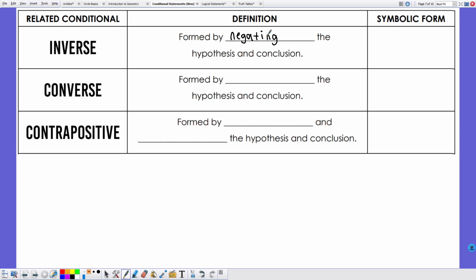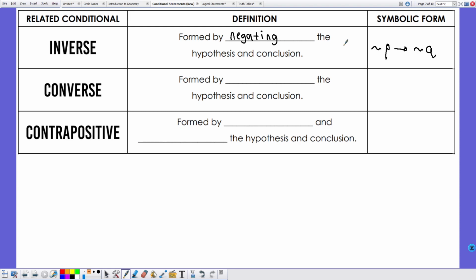Symbolically, the negation symbol is the squiggly. So the inverse is when we take not P, and that would imply not Q. We are literally just applying the negation to both the P and Q parts of the conditional.